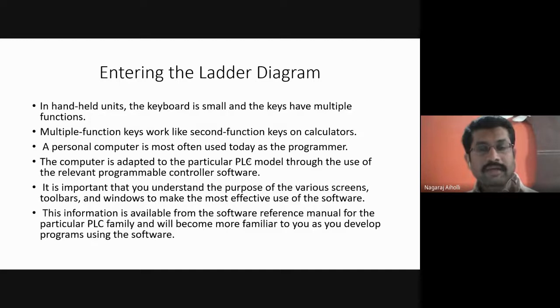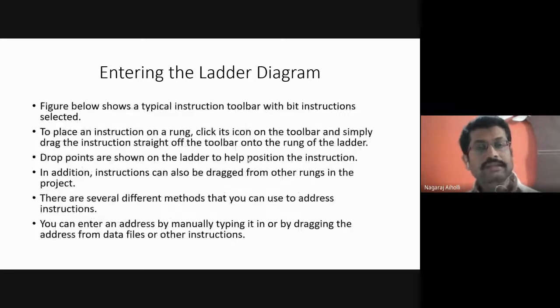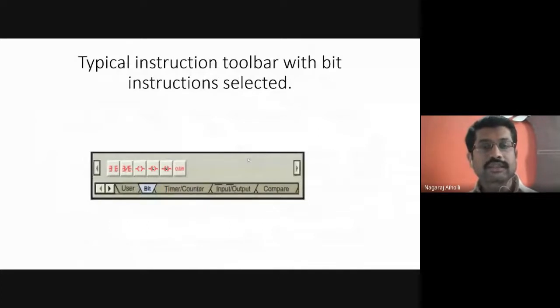This information is available from the software reference manual, which explains the details about the software packages. As you can see in the next figure, it is showing the instruction toolbar. This is how it looks, the instruction toolbar with the bit instruction selected.